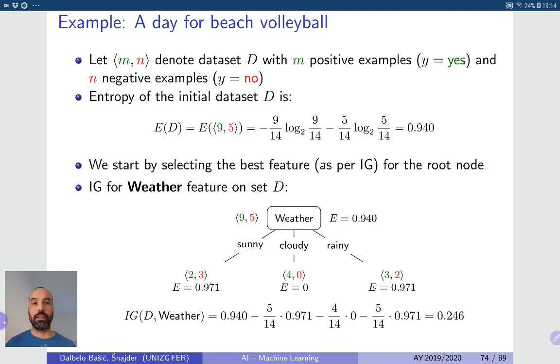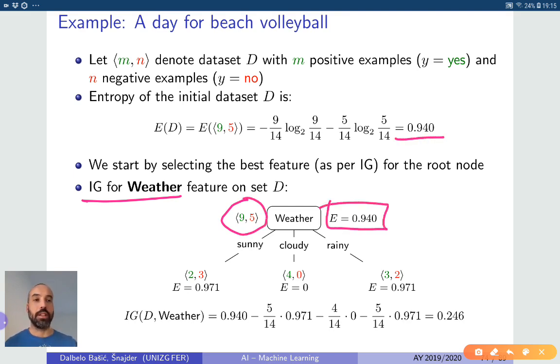Now we need to select the node for the root node, and we do this by computing information gain for each of the 4 candidate features: the weather, temperature, humidity, and wind. So let's start with weather. We start with our data set with 14 examples, of which 9 are positive and 5 are negative, and the initial entropy is, as we just said, 0.940.